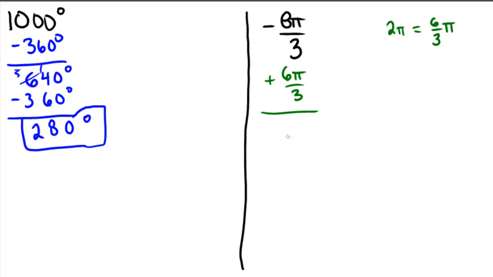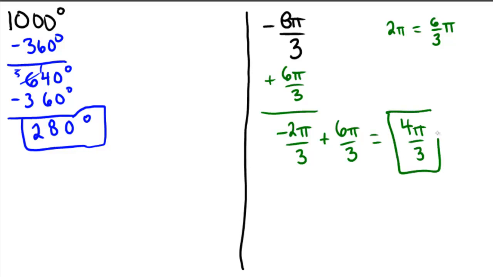Negative 8 plus 6 is negative 2, so now we have negative 2 pi over 3. This is still too small because it's still negative, so we'll add on another copy of 6 pi over 3. Negative 2 pi plus 6 pi is going to be 4 pi over 3. And notice that now we are between 0 and the desired 6 pi over 3.